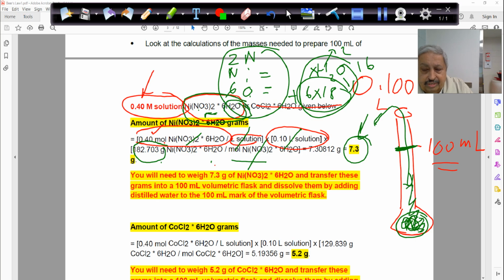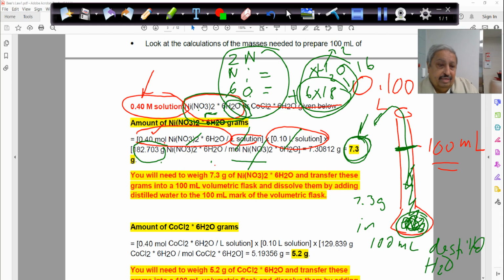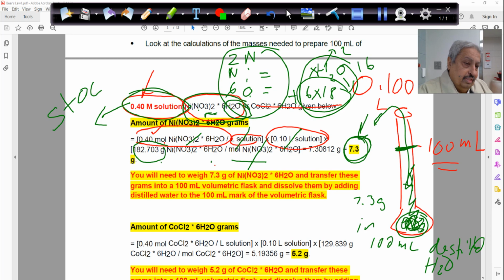Then you have a solution which is 7.3 grams of your complex dissolved in 100 milliliter distilled H2O. And that will count as your stock solution. This is my stock solution.